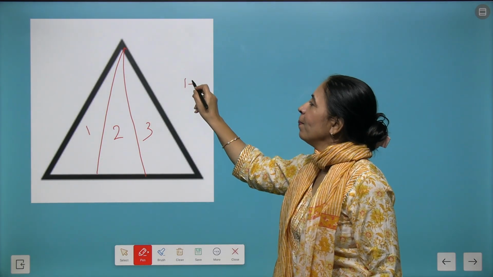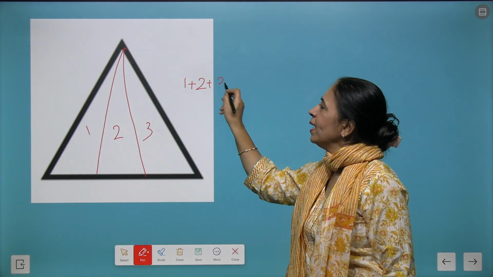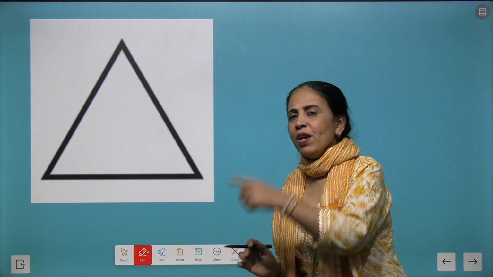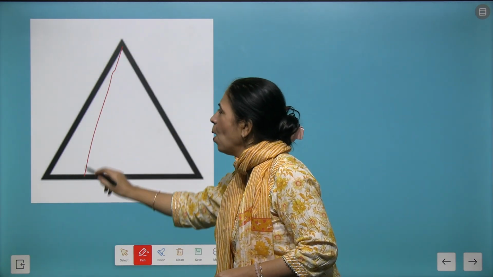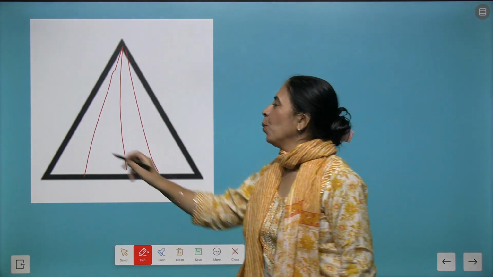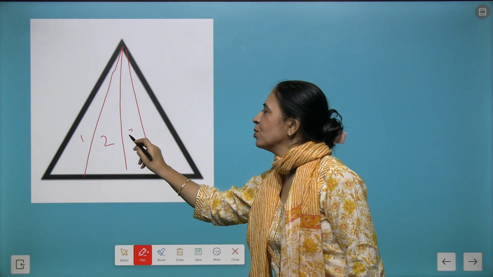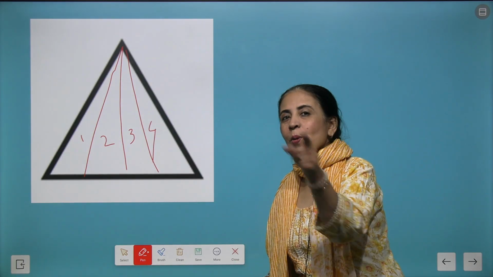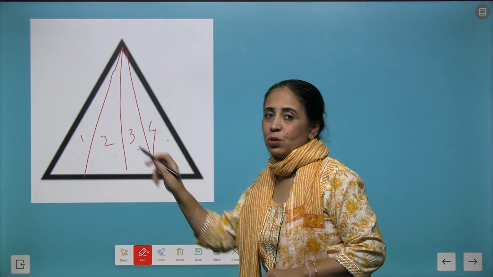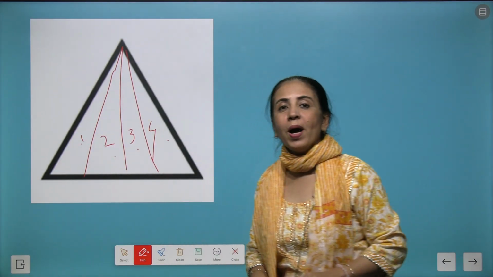We write down 1 plus 2 plus 3 and we got 6. So interesting. Can we now find how many triangles there are now? 1 plus 2 plus 3 plus 4. You are going to add them. We get 4 plus 3 is 7, 7 plus 2 is 9 and plus 1.